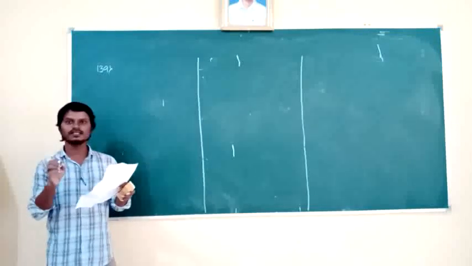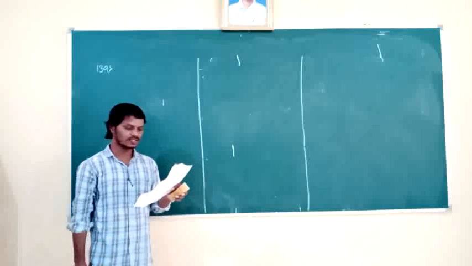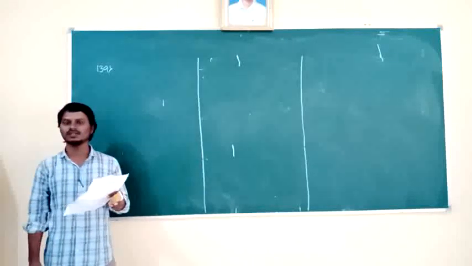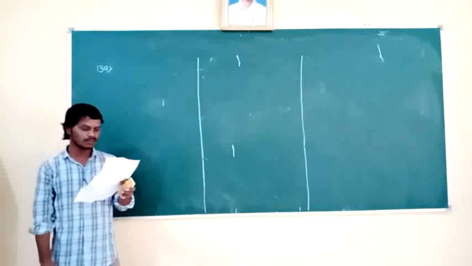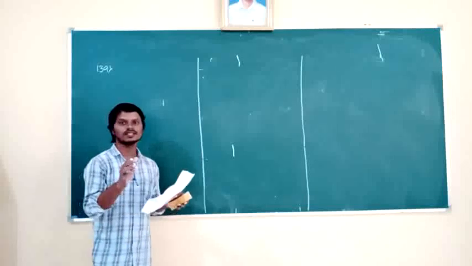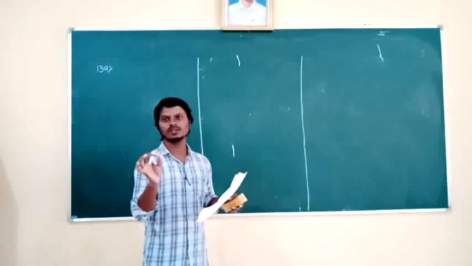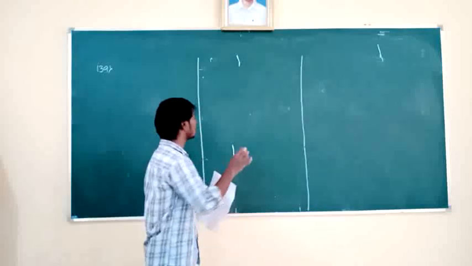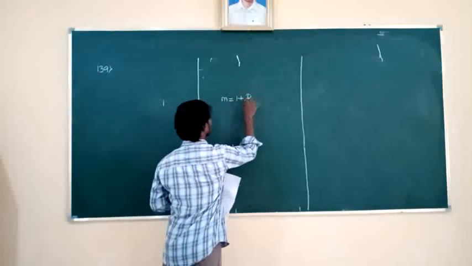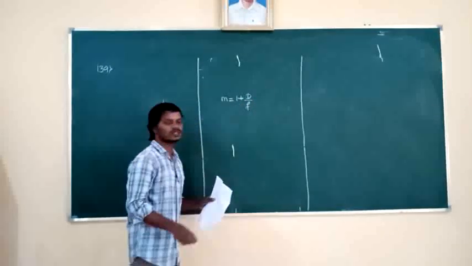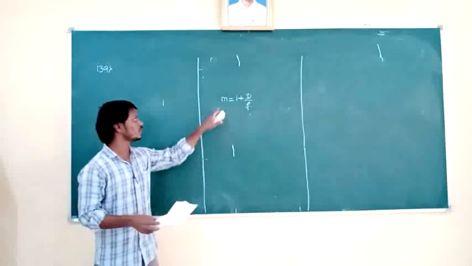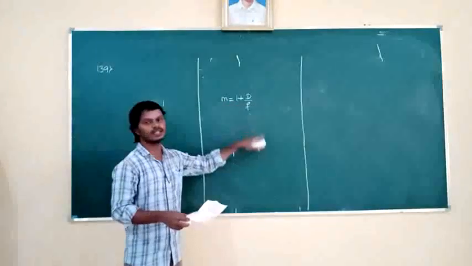An object is placed at a distance u, meaning object distance is given, from a simple microscope of focal length f. Focal length is given. The angular magnification depends on the least distance of distinct vision and focal length but not on object distance. Already we know the expression for angular magnification produced by a simple microscope: m is equal to 1 plus d by f.